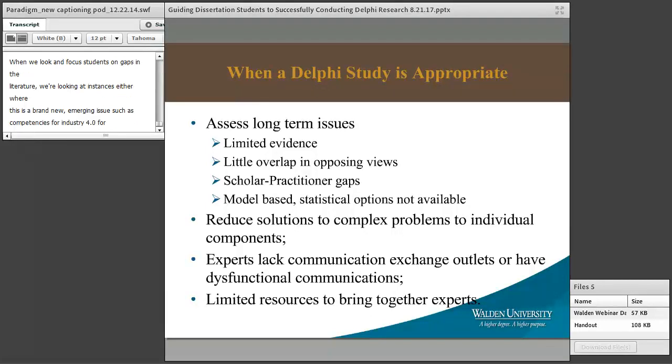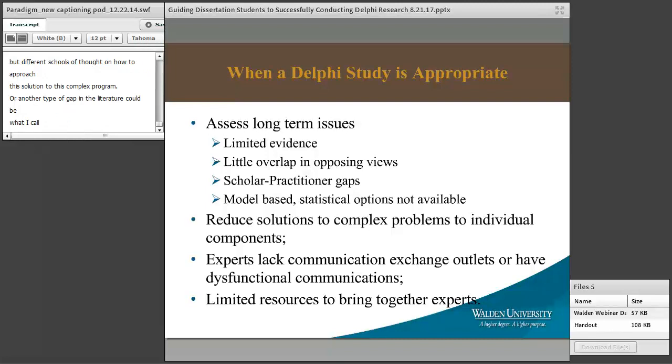There's limited evidence. It could be in the literature that there are many opposing views. So there are lots of different ideas, different schools of thought on how to approach the solution to this complex problem. Or another type of gap in the literature could be what I call scholar-practitioner gaps.